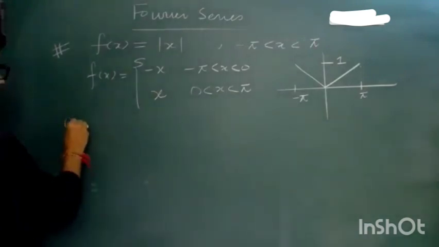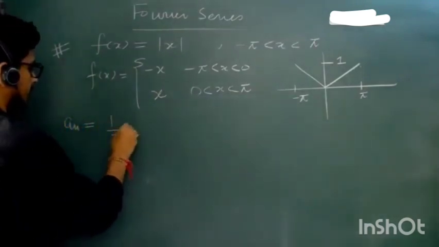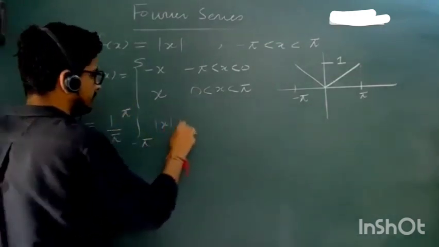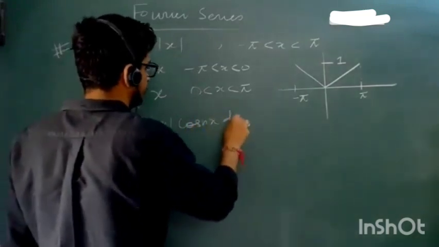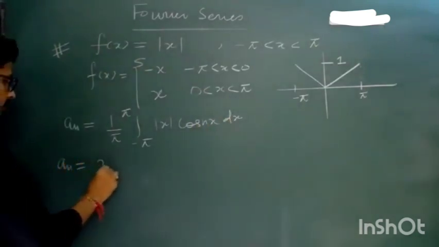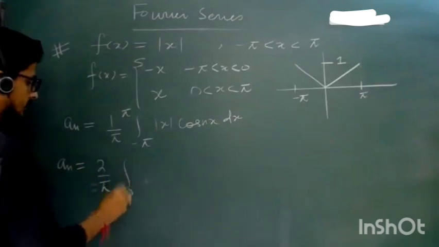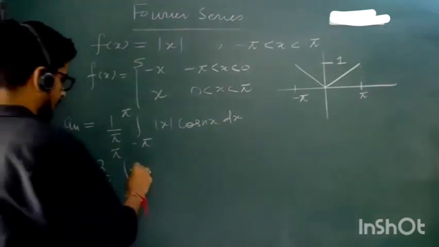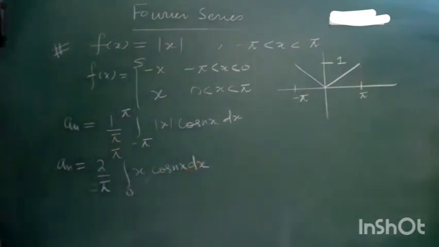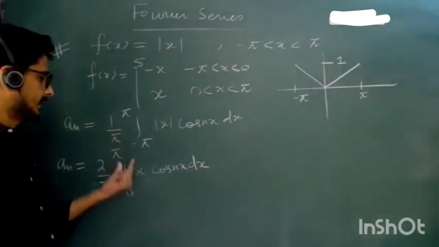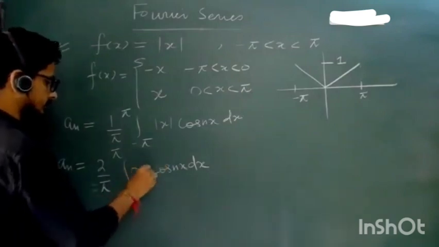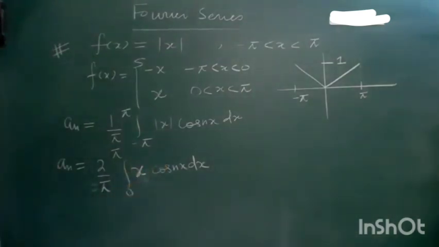The value of an will be equal to 1/π integral from -π to π of |x| cos nx dx. This is an even function. So an will be equal to 2/π integral 0 to π of x cos nx dx, because between the limit 0 to π my function is x, correct?